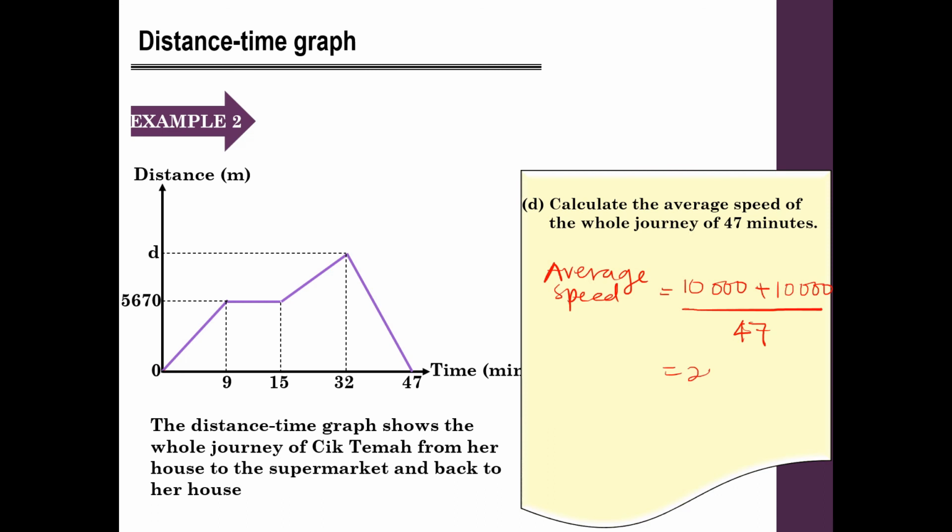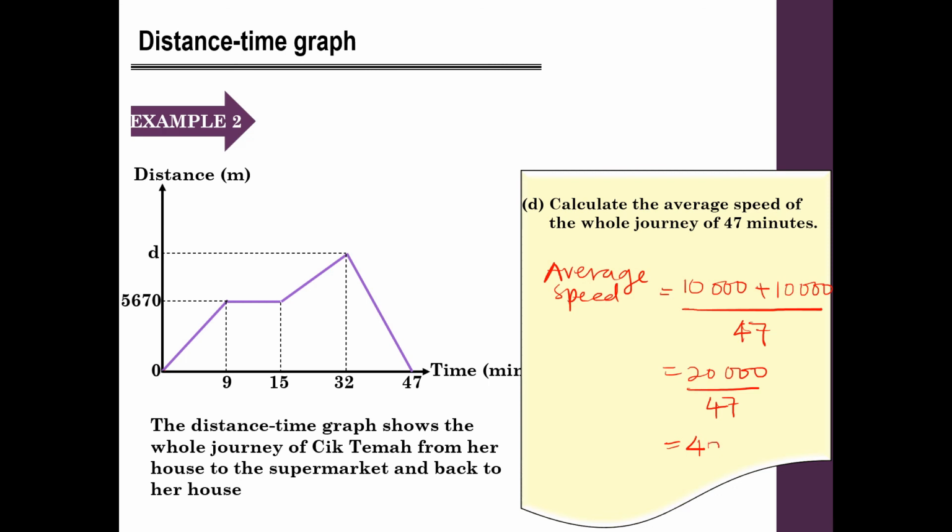So we have 20,000 divided by 47 minutes. If you calculate using a calculator, the answer is 425.531914 and so on. In mathematics, you just give the answer to 2 decimal places.